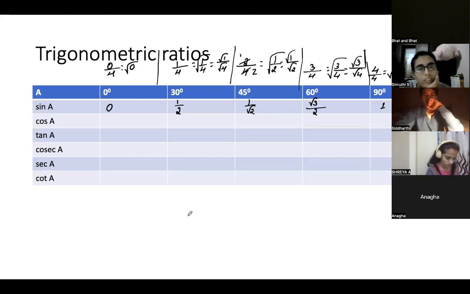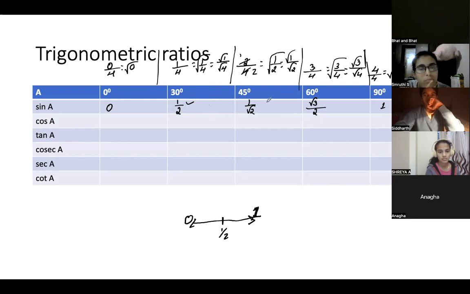What is the other method? You have numbers from 0 to 1. Between 0 to 1, what is the center? Half. Correct? The midpoint of 0 and 1 will be half. So that half will be written here. 0, 1.